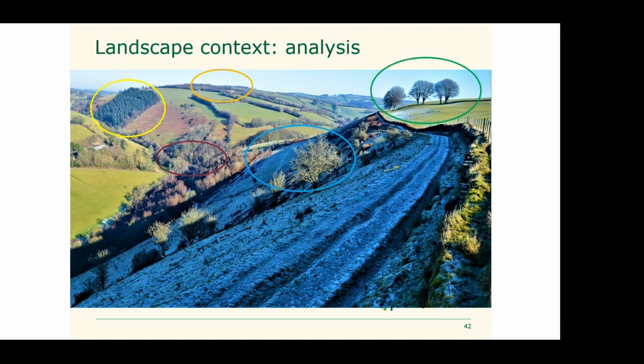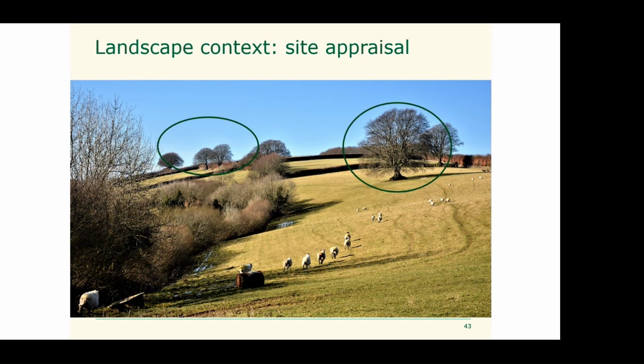And then in the orangey ring there, you've got another characteristic of this place, a lot of beech hedges that create the enclosure around pasture, and that's particularly prominent below the moorland line, but across the lower slopes. This is more looking at landscape context in your site.